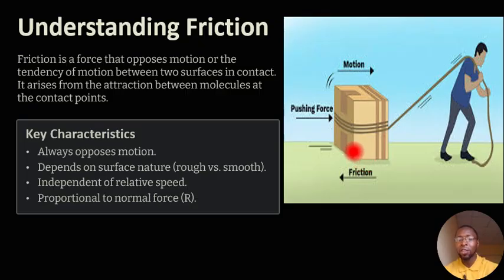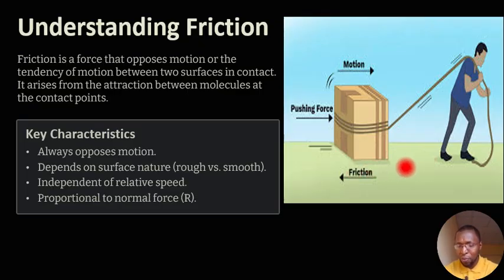So what are the key characteristics of friction? Number one is to oppose motion. Number two, friction depends on the nature of the surface. Imagine if this ground is a rough surface and this young man is trying to apply a force on this object. You will need to apply more force because the rough surface has higher friction.